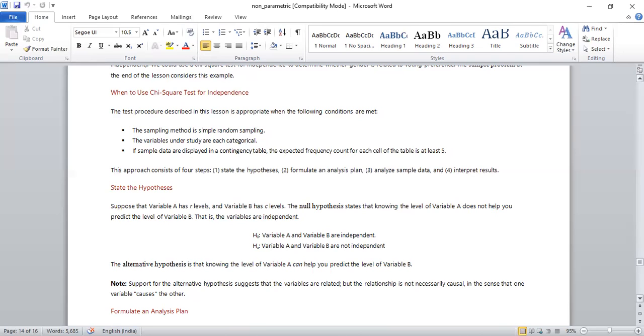That is, the levels of variable A have an influence on the level of variable B. That is what has been mentioned in your alternative hypothesis. So the alternative hypothesis is that knowing the level of variable A can help you predict the level of variable B.